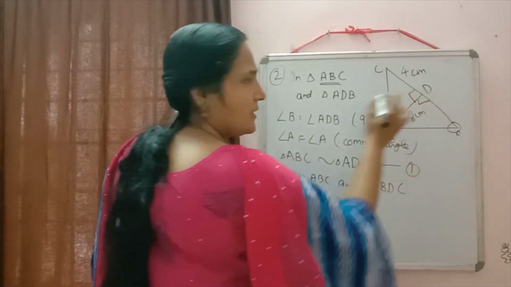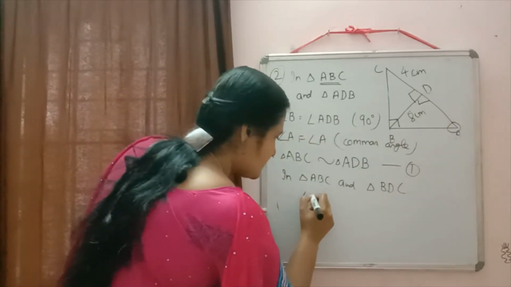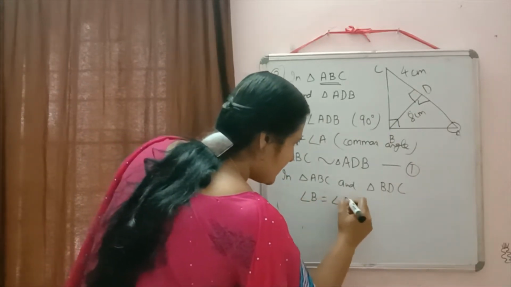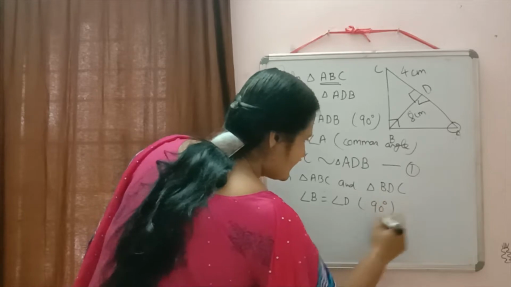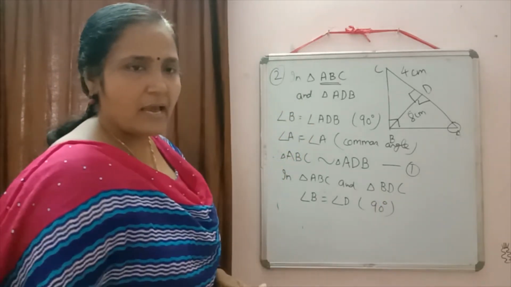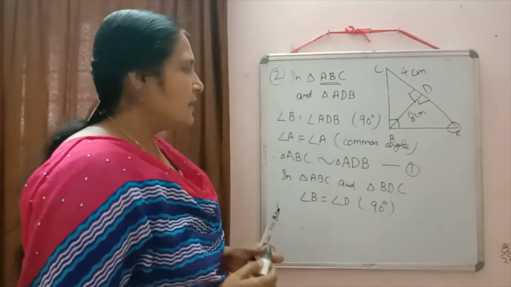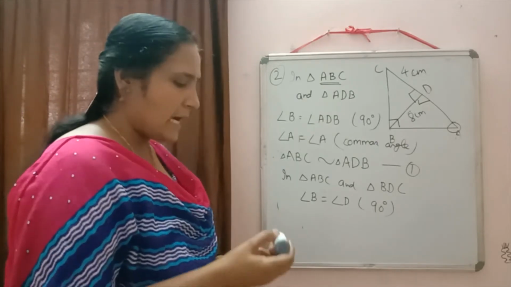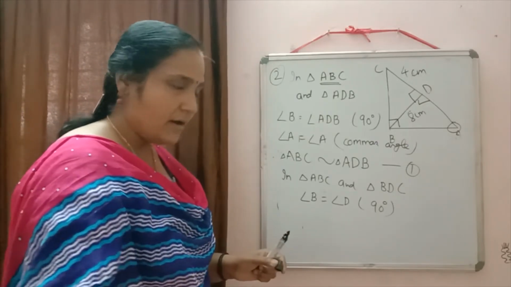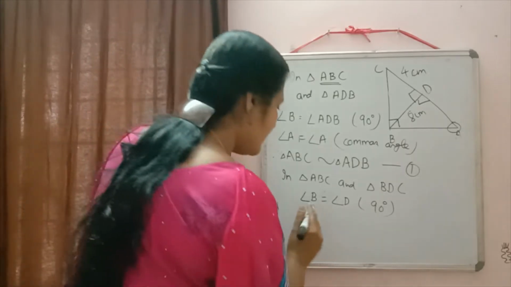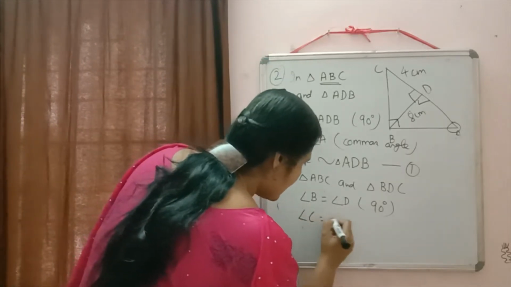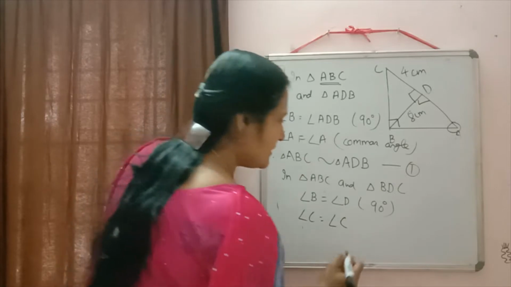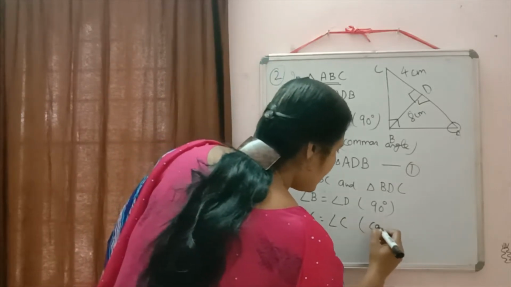Angle B is equal to angle D. So first one will come, angle B is equal to angle D. Reason 90 degree. Do we have one more here? Yes. Which one we have? Yes, angle C. Angle C is the common angle. So we will write here, angle C is equal to angle C. Reason you can write down there, common angle.